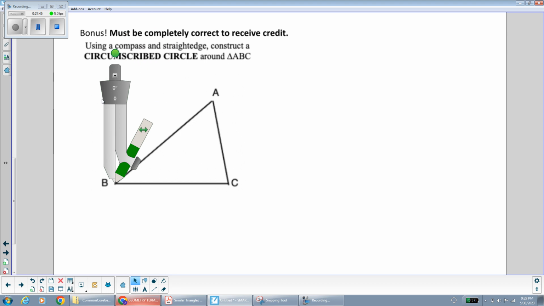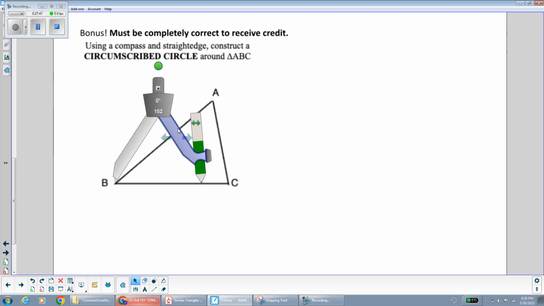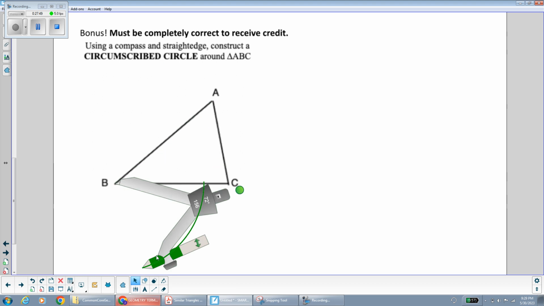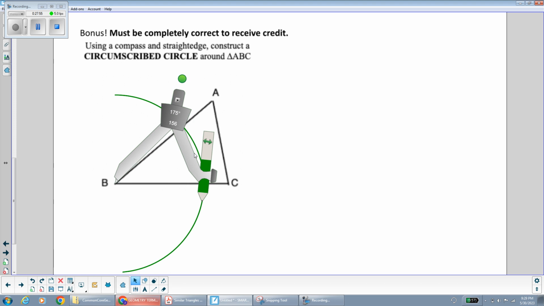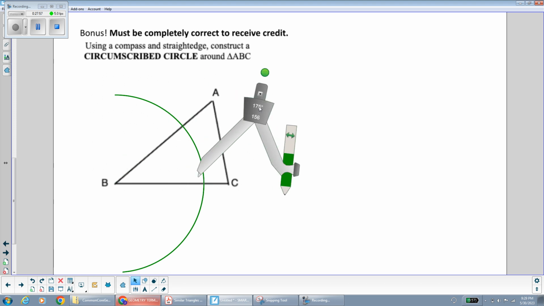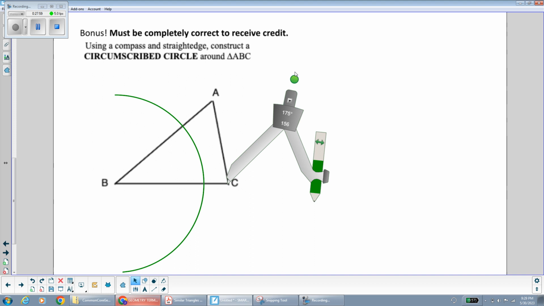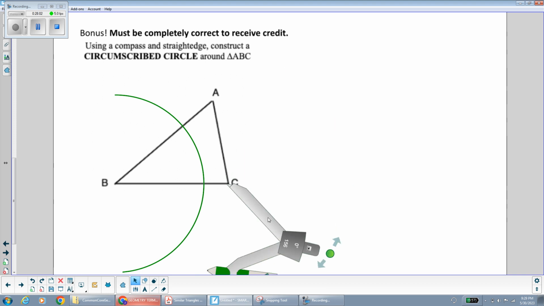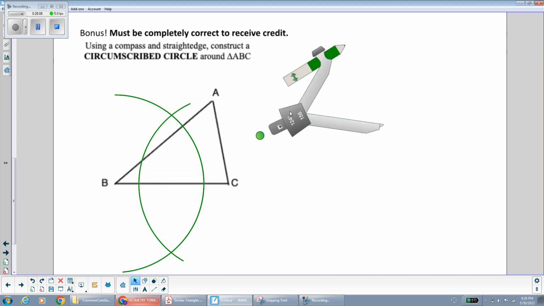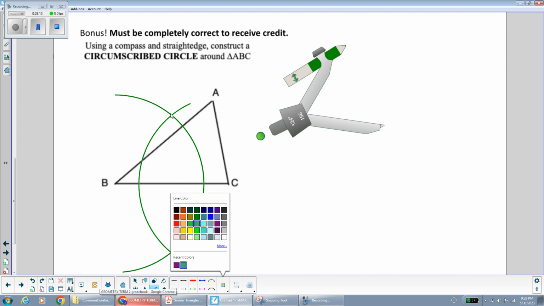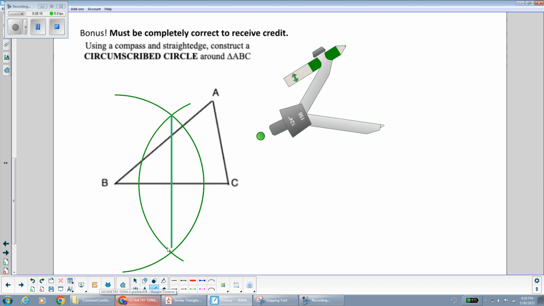I'm just picking that side. About 3/4 of the way down the line segment. The exact distance doesn't matter. And remember to use the same distance on the other endpoint. Do not change how far your compass is open. And right through those intersection points, I'm going to draw a perpendicular bisector.